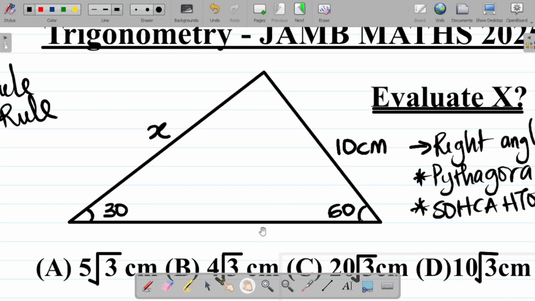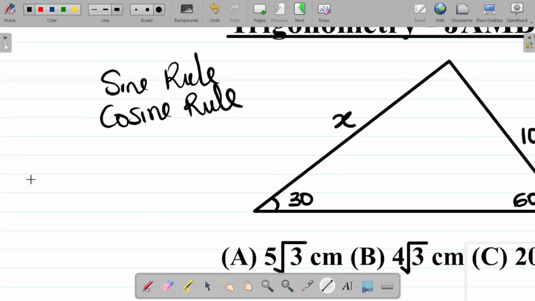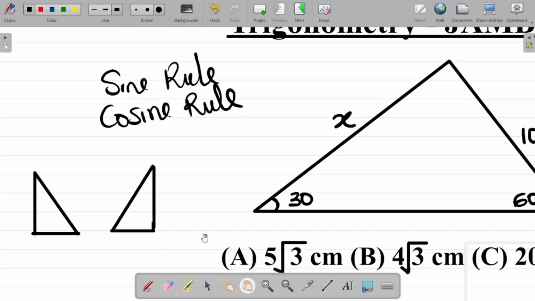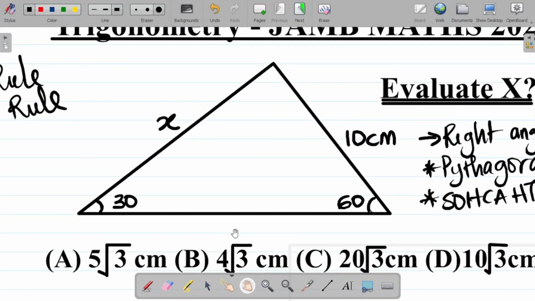Most persons will say it is not a right angle triangle simply because they are used to right angle triangles being either something of this nature or something of this nature. But that's not the condition. The condition for a triangle to be a right angle triangle is that one of its angles must be 90 degrees.